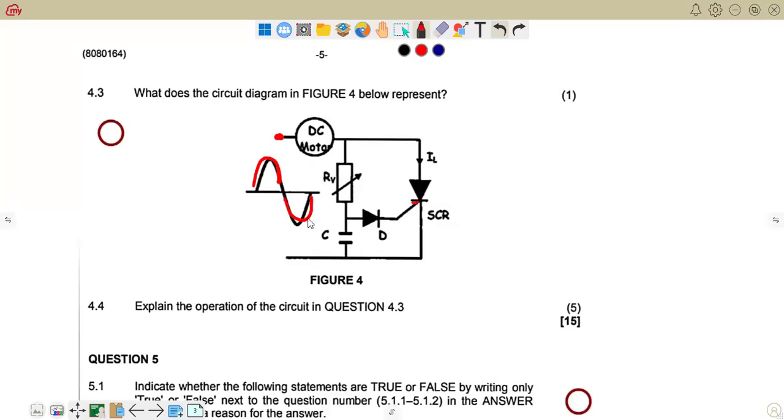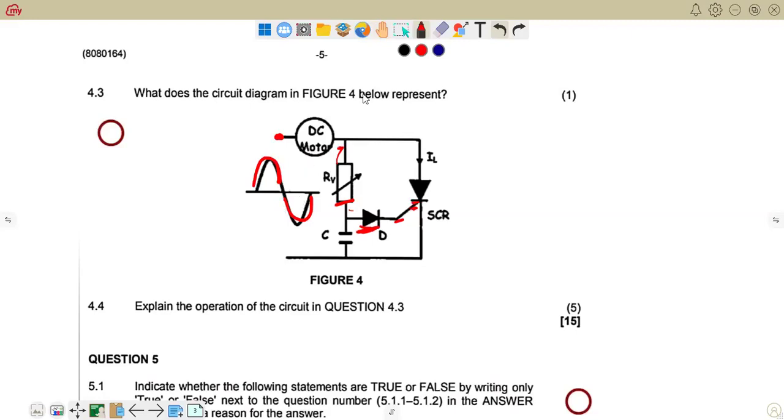The diode is included to allow only positive pulses to the gate of the SCR and prevent negative pulses from going to the gate of the SCR. RV is used to adjust the conduction angle, thereby adjusting the speed of the motor. That's the explanation which was expected.